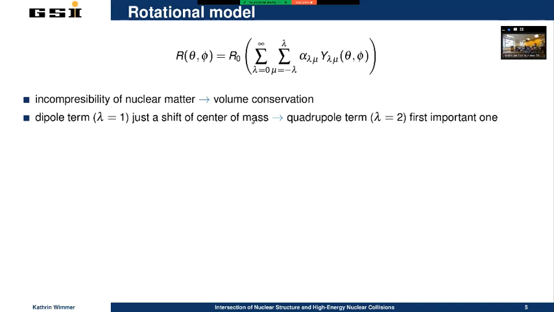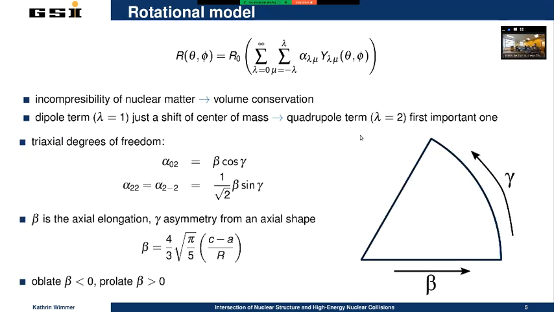And then, since the dipole term doesn't matter, only the quadrupole terms are the first important ones. And then usually these parameters, these alphas, lambda mu, are redefined as the deformation parameters beta and gamma, where beta measures the elongation of a system and gamma measures the deviation from an axial shape.